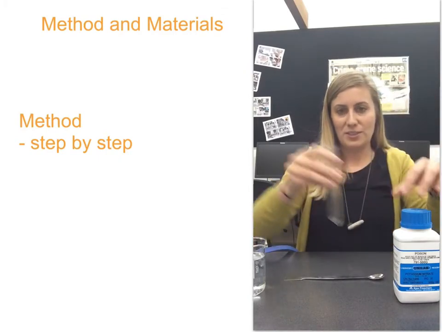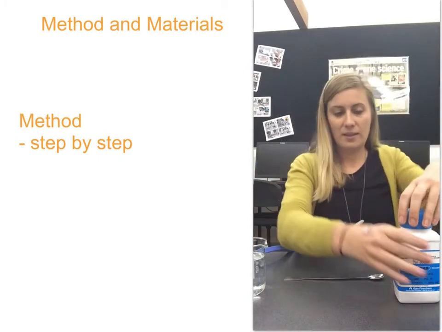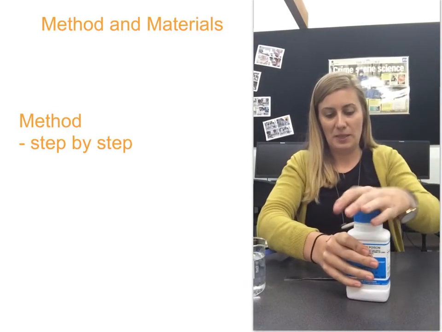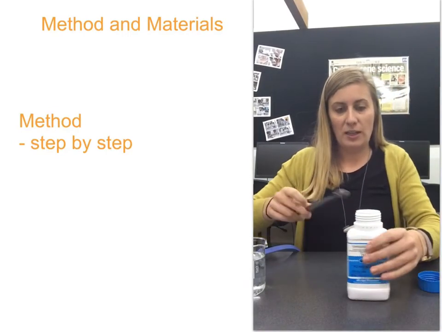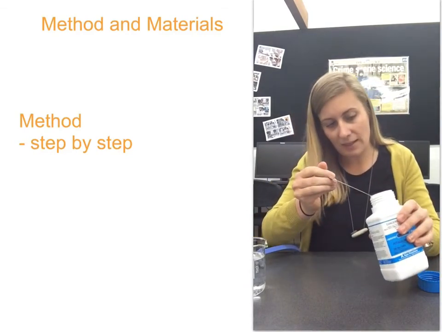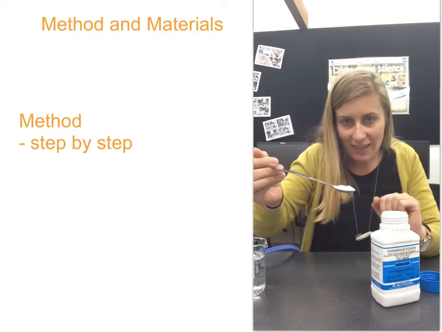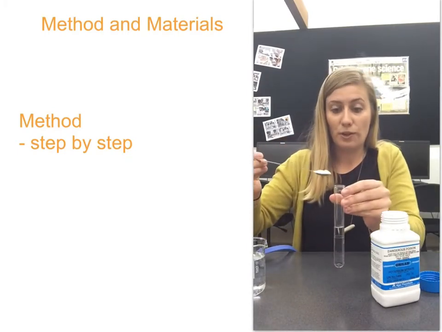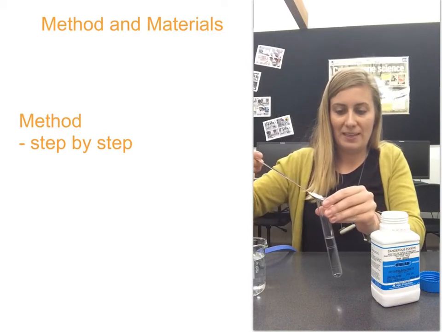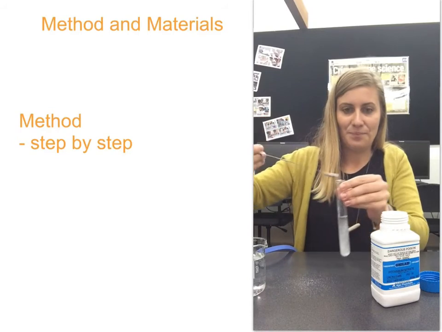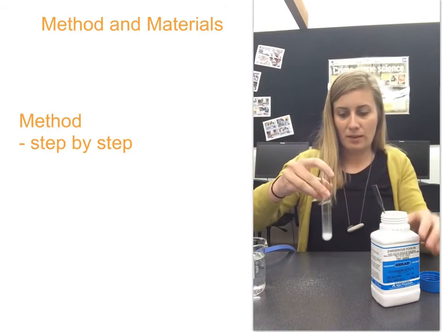You're then going to open up your potassium nitrate and take a spatula of potassium nitrate. It looks like that, it's like a white powder. And you're going to add that to your solution of potassium nitrate, pouring that in very carefully. There we go.